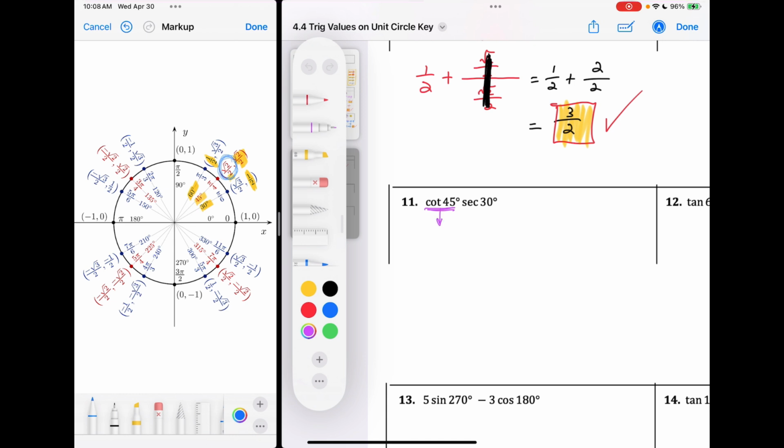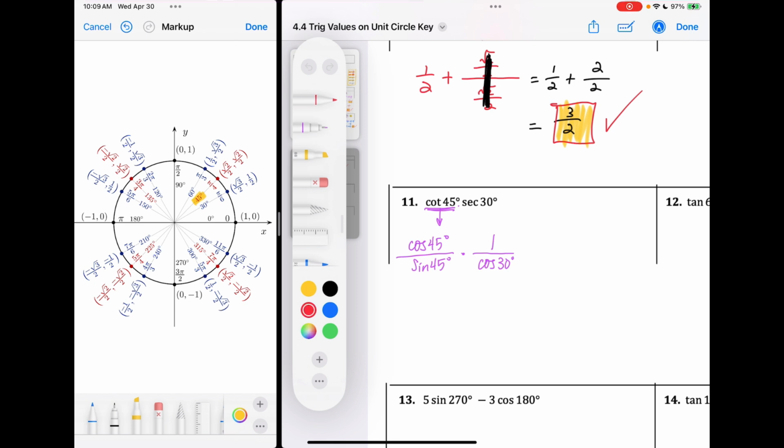Come to our trouble: cotangent. No such thing on a unit circle, right? But we do know that cotangent is equal to cosine over sine. So now you have the freedom to do that, times secant, and what do we say? The secant is the reciprocal of cosine, so therefore I got everything I need. Now when you look at the unit circle, you always have to remember with your eagle eye, cosine of 45 degrees, that is my location.